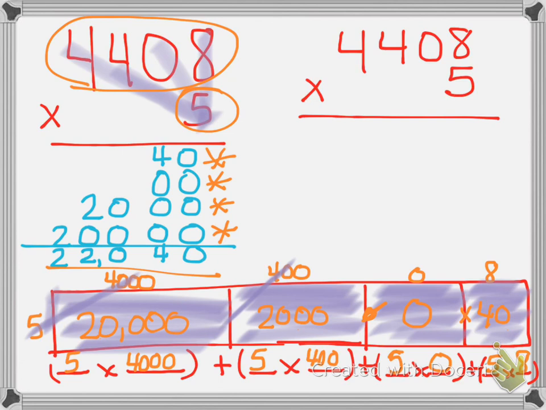Let's see if that's what I get when I do my standard algorithm. 5 times 8 is 40. 4 tens, 0 ones. 5 times 0 is 0 plus 4 is 4. 5 times 4 hundreds is 20 hundreds.